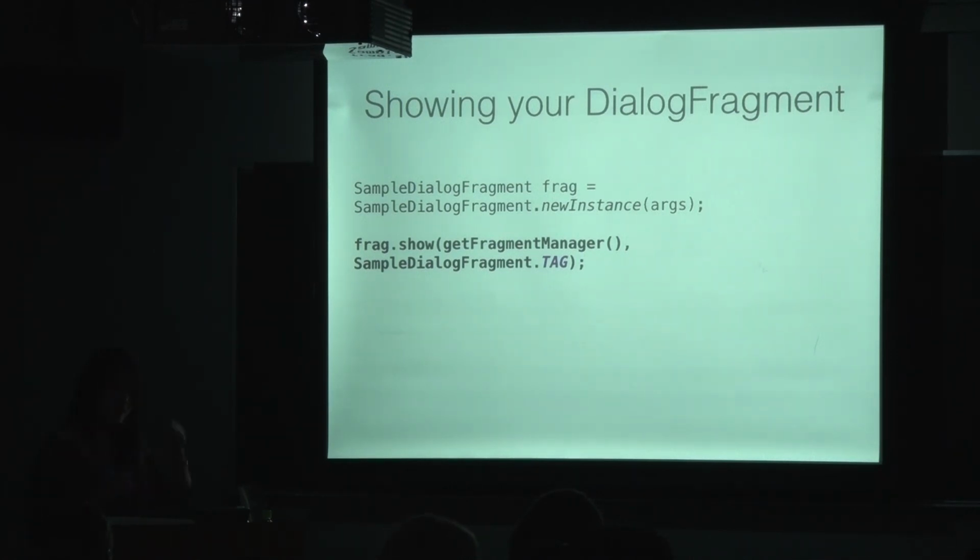Show does not add the transaction to the backstack. You must do this yourself. If you want to add this to the backstack, then you're going to need to do this before calling show by using the method that takes a fragment transaction rather than the fragment manager.